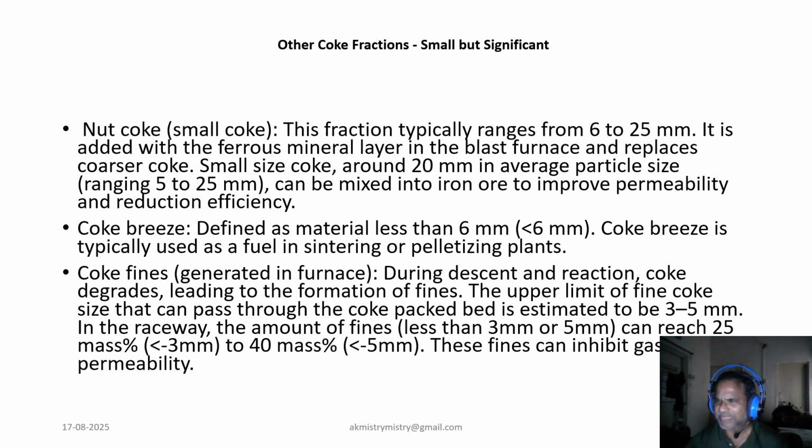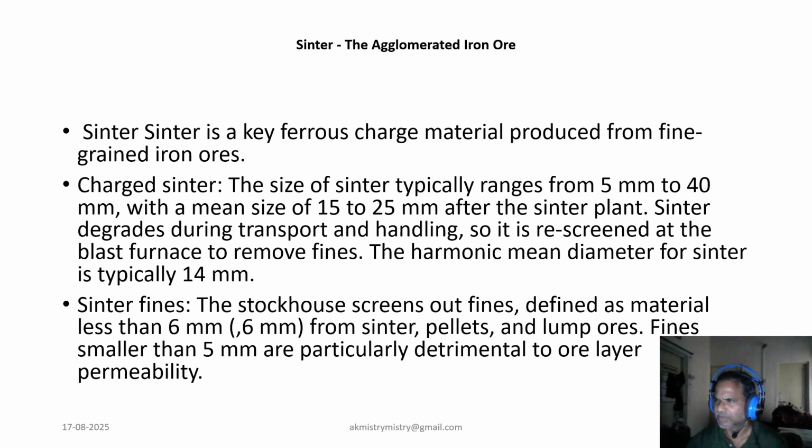In the highly active raceway area of the blast furnace, the amount of fines less than 3 or 5 mm can be quite significant, reaching 25 mass percent for less than 3 mm to 40 mass percent for less than 5 mm. And crucially, these fines can severely inhibit gas permeability.